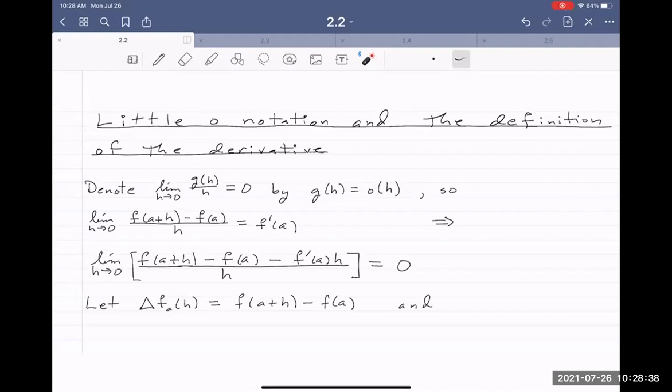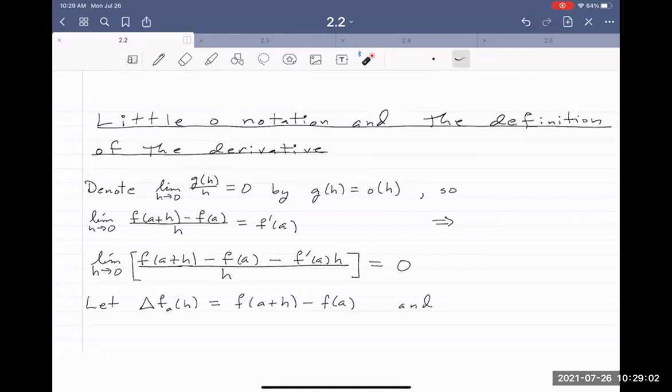As a matter of fact, it's unlikely that you'll see any other derivatives ever in your lifetime, unless you're a specialized mathematician. So, little o notation and the definition of derivative.